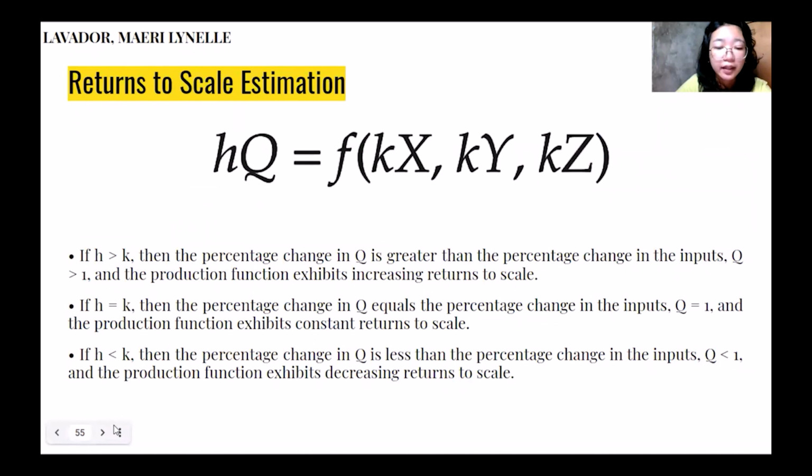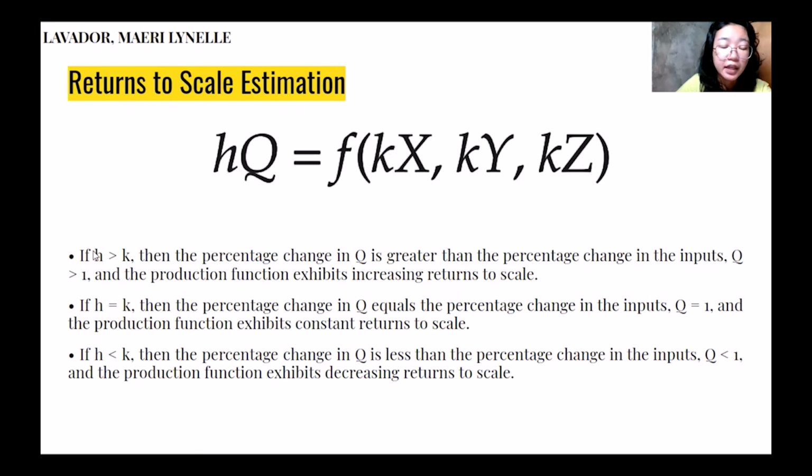Now, returns to scale in most instances can easily be estimated. For example, assume all inputs in the unspecified production function Q equals a function of the quantity of Kx, Ky, and Kz are increased by using the constant factor K, where H is the proportional increase in Q resulting from a k-fold increase in each input factor.